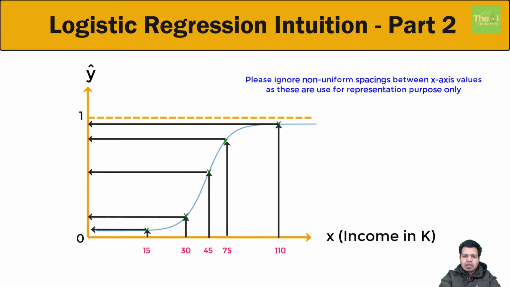So what does this infer? Well, the person who has income 15,000 is very less likely to click on the email offer. Let's say the probability is just 0.1%. The person who has income 30,000 has the probability of 19% to click on the email offer.